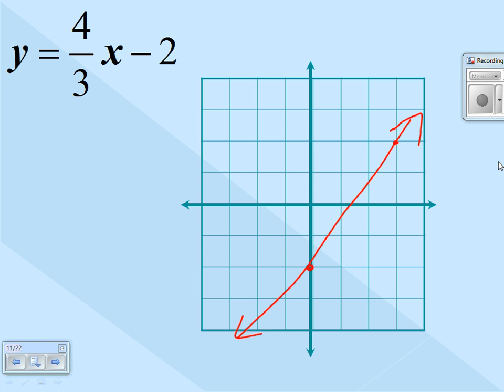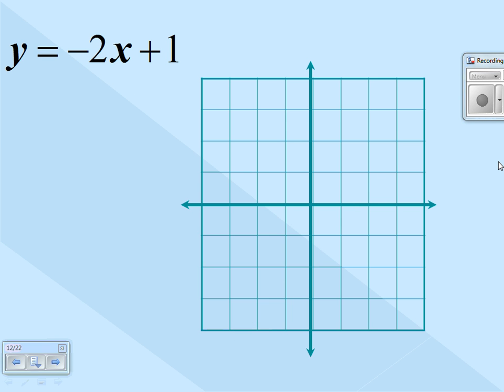Going on to the next one. y equals -2x plus 1. It has a y-intercept of 1, so you put a point on the y-axis at 1. And the slope is -2, which is the same thing as -2/1. Rise over run.